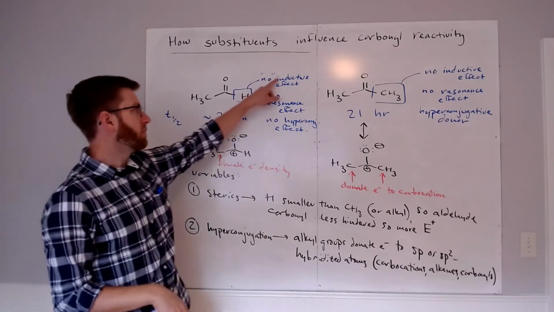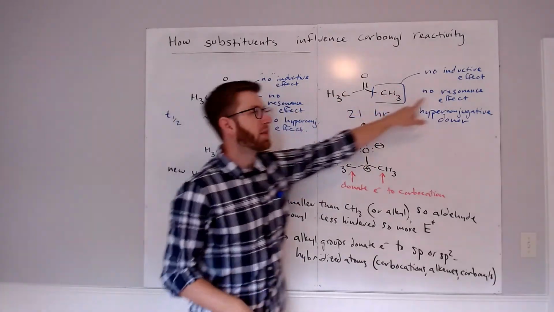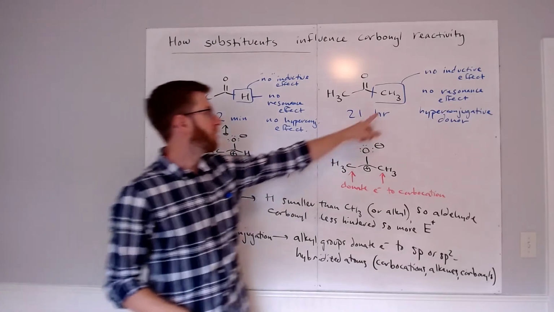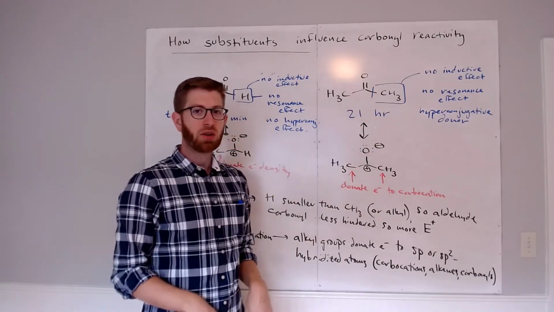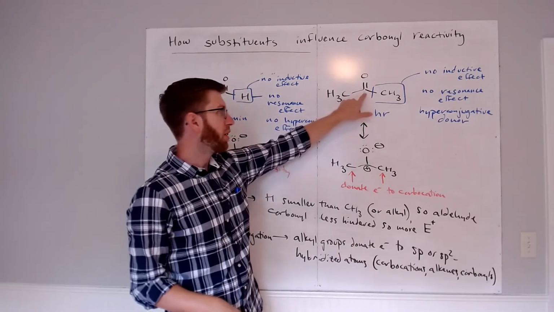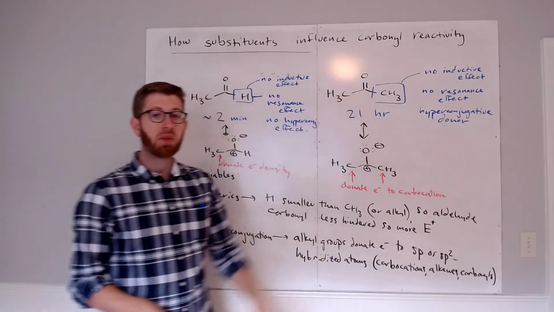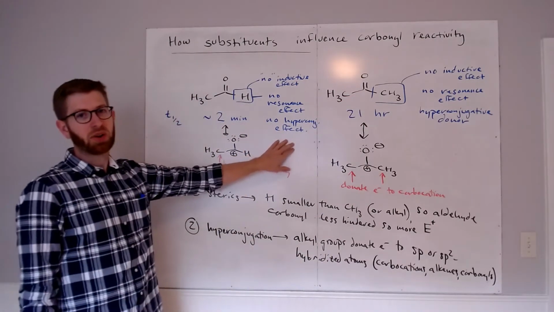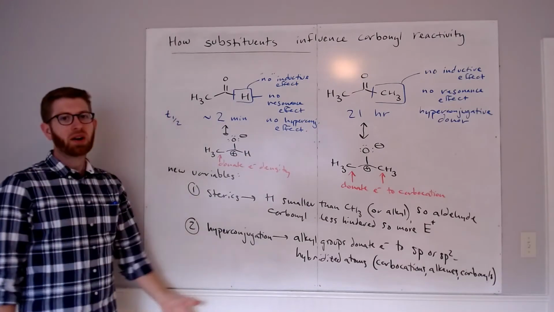It's not induction, it's not resonance, it's partially hyperconjugation, where the methyl's a donor, and that's going to actually decrease the amount of positive charge on the carbonyl carbon and make it a weaker electrophile than an aldehyde, which has no hyperconjugation. And it's also a steric effect, right?